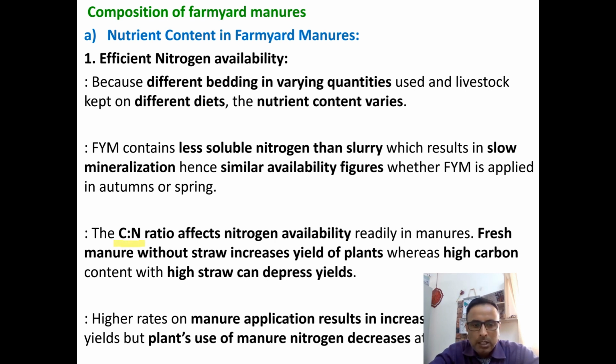If the bedding material in the manure is more, that means the carbon upon nitrogen ratio is more, right? So a fresh manure without straw increases the yield of plants, whereas high carbon content with high straw can depress yields. But just opposite of it, high carbon content helps in storing the manure for a longer period of time.